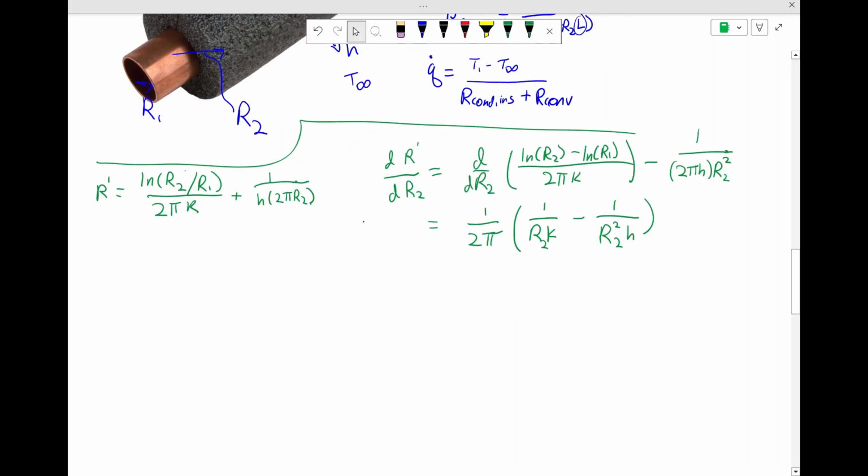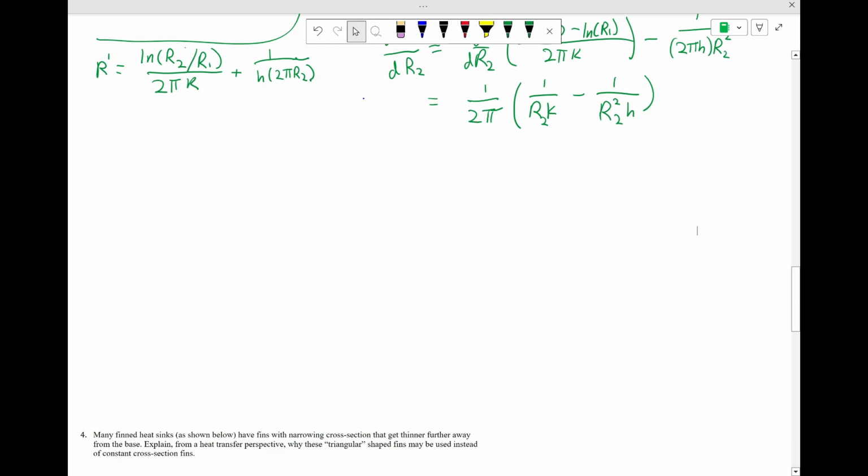Now, doing a little more rearrangement, let's do one more factoring step.